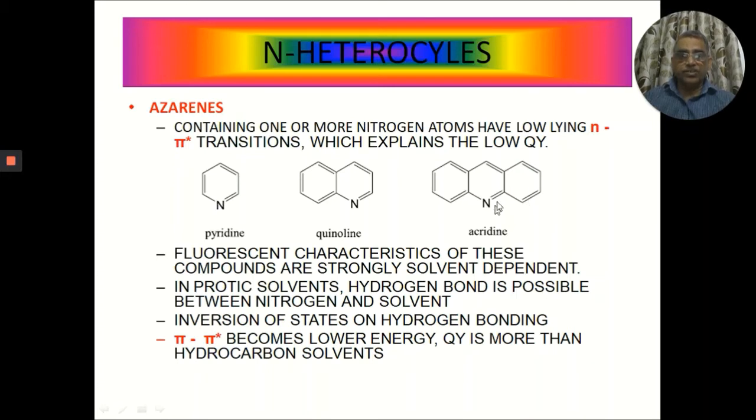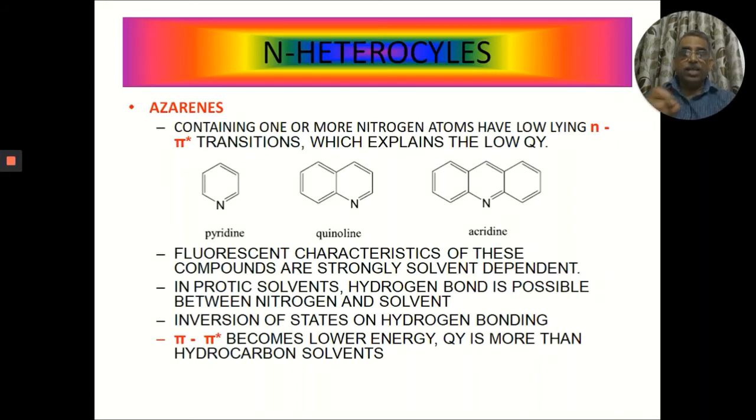Then you can see that when there is hydrogen bonding, an inversion of the electronic states is possible. When you dissolve these molecules in protic solvents, pi to pi star becomes the low energy transition, and the quantum efficiency of the fluorescence increases. So you can generally say this: when you take these heterocyclic compounds in hydrocarbons, their quantum efficiency is low. When you take these compounds in protic solvents like methanol or ethanol, you can see the higher quantum efficiency.